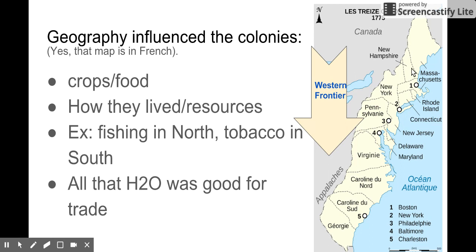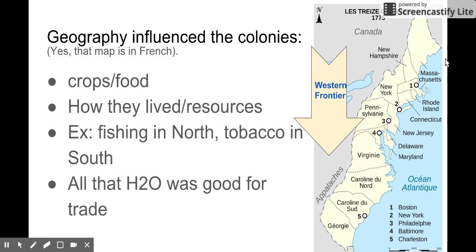Up here, the soil was more rocky, so the crops were different. They did more fishing, for example, in the north. They had a lot more lumber in the north. You had a lot of lumber in Virginia, but in the north, you think of that as well. Think of the Pilgrims and what they did and all that kind of stuff, right?